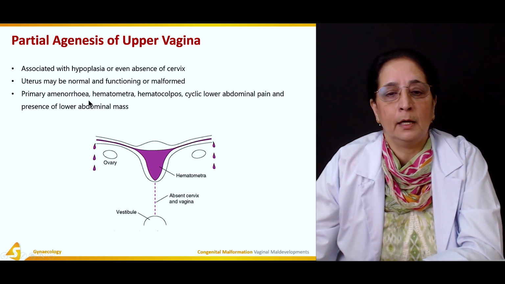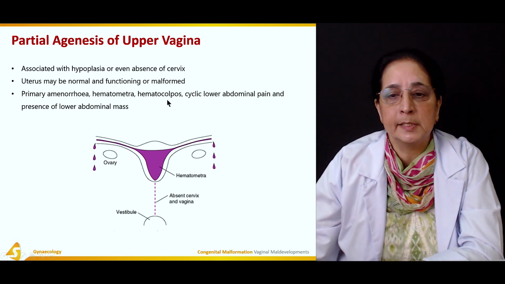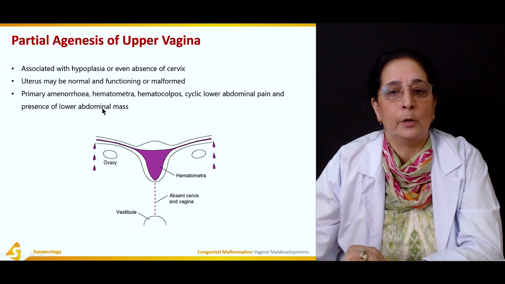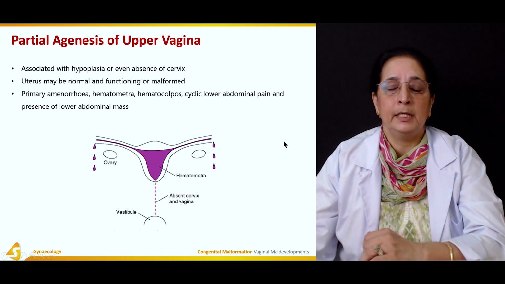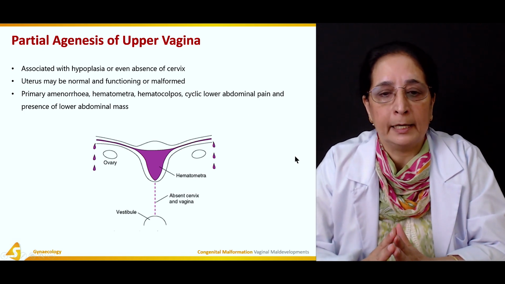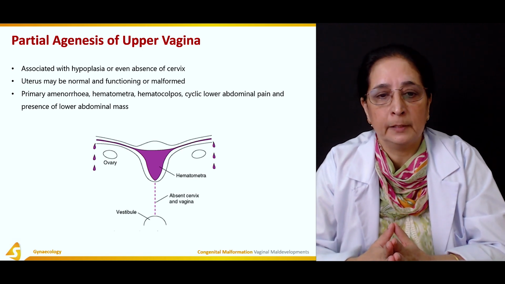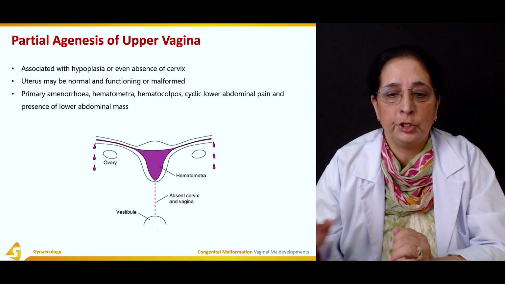Primary amenorrhea, hematometra, hematocolpus, cyclic lower abdominal pain and lower abdominal mass are present in agenesis of the upper vagina. So amenorrhea is absence of menstruation, and there is collection of blood in the uterus.